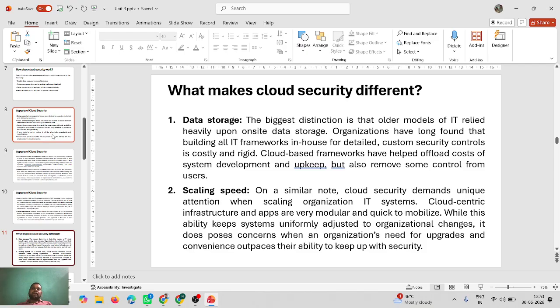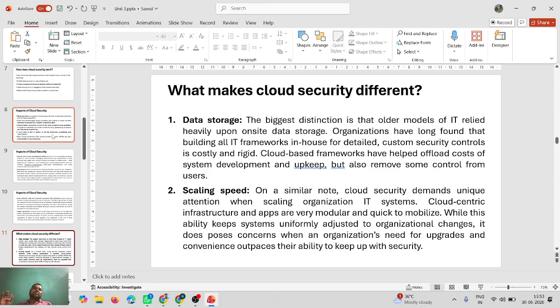Then what makes cloud security different? So the first, again, is data storage. Previous information technology organizations depended on on-site data storage. If you look at the previous generation IT sector, all the data was stored on-site.